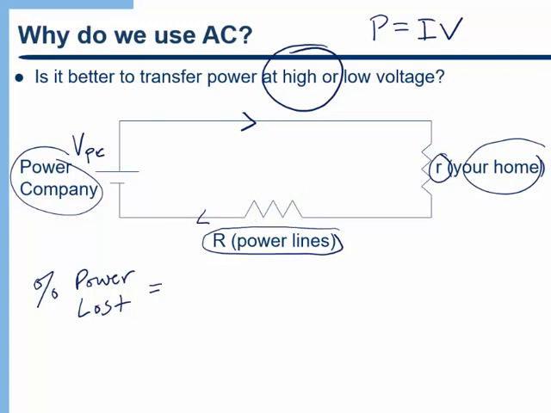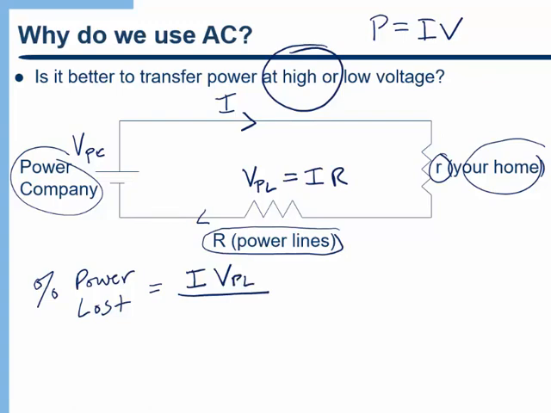Well, the power that we lose is simply the power that's lost across the resistance. So we know that the voltage across the power lines is just whatever the current is in the circuit times the resistance of the power lines. So the power that we lose is just the current in our circuit times the voltage drop across the power lines.